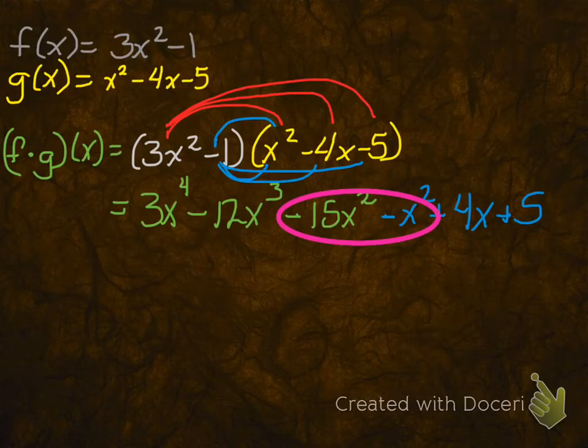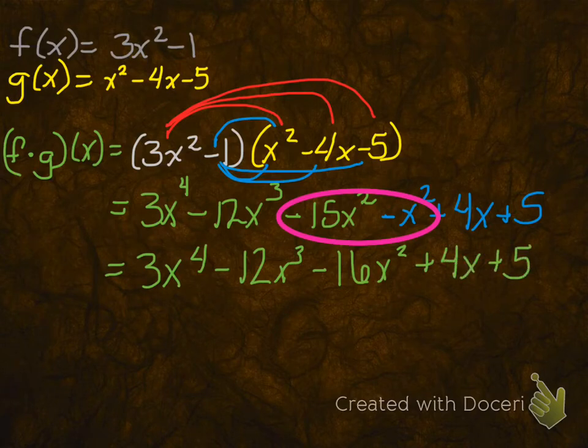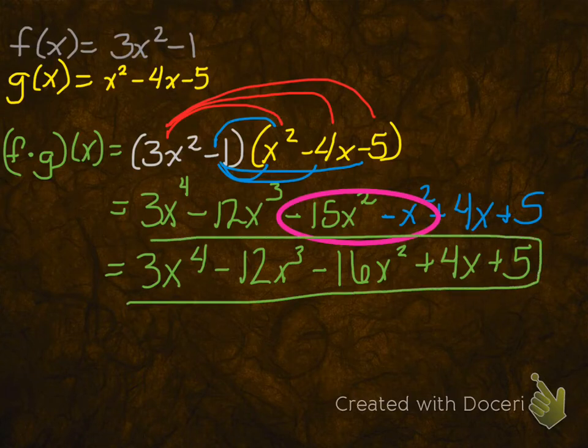So when I combine like terms, I'm left with 3x to the fourth minus 12x cubed, minus 15x squared minus x squared is going to give me negative 16x squared plus 4x plus 5. That whole thing is my answer of the multiplication of f of x and g of x.